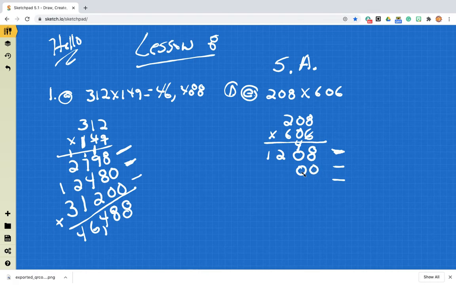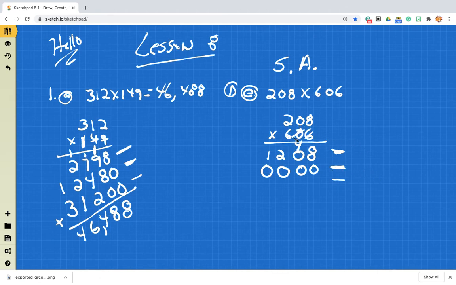So that's 0 ones and 0 tens. 0 tens times 0 tens is 0 hundreds, right? 0 in the hundreds place. 0 tens times 200 is going to be 0 thousands. Zeros all across, because zeros destroy everything, don't they? That is my second partial product.